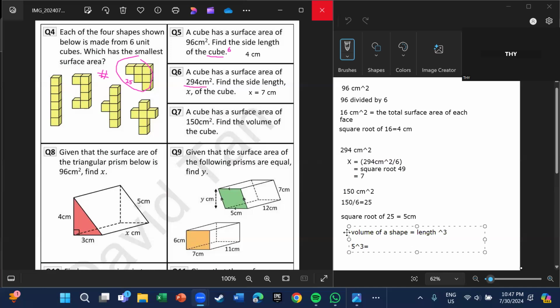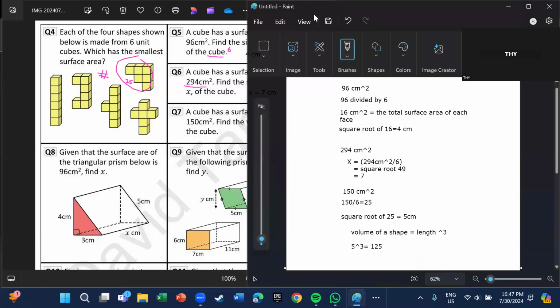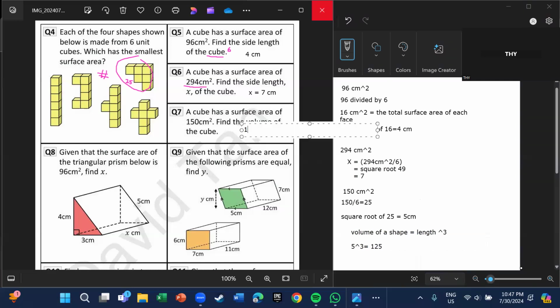Right? Yes, 125. So this is the answer. 125 centimeters cubed. That's the volume.